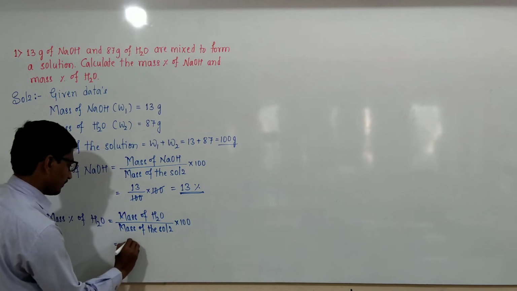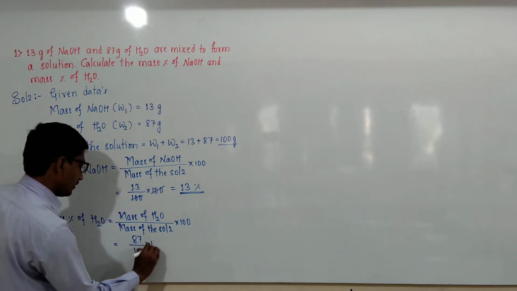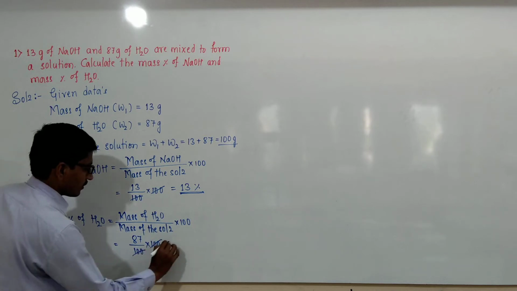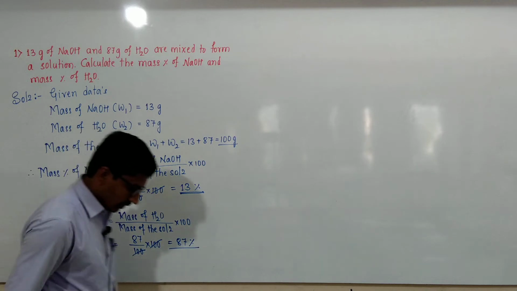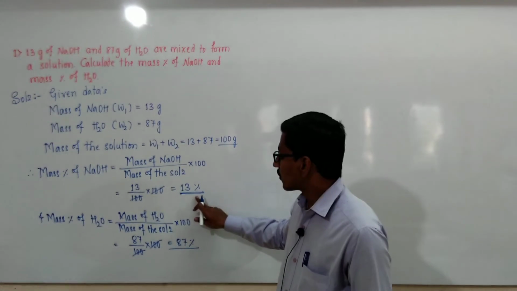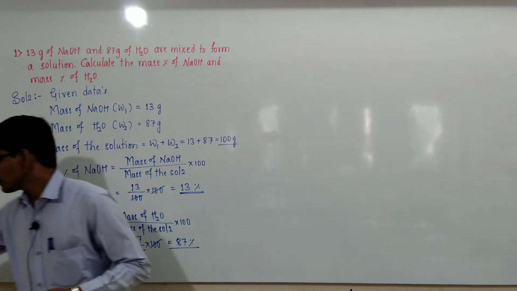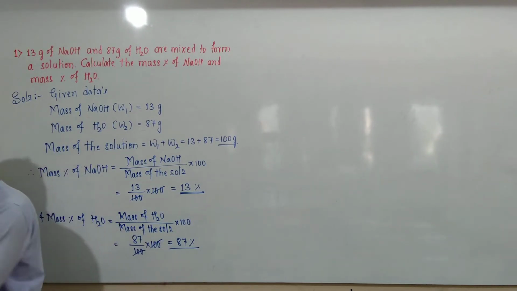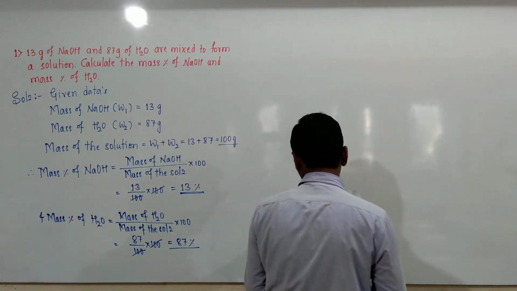This is equal to 87 divided by 100 into 100. The percentage of water is 87% and the percentage of sodium hydroxide is 13%. Okay. Next problem is second one.